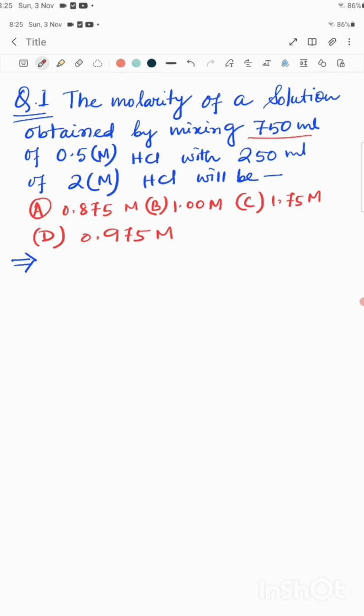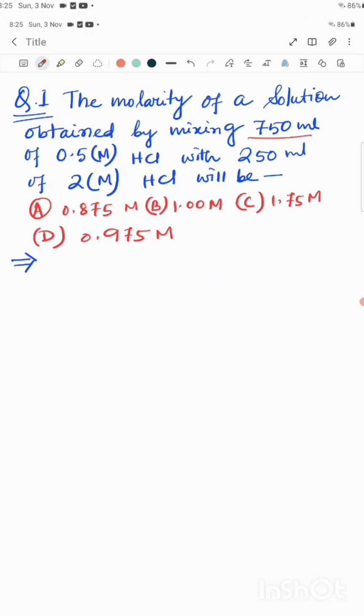So actually, there are two solutions in the mixture. One is 0.5 molar HCl, another is 2 molar HCl. We have to calculate the molarity of the mixed solution, and there are 4 options given.